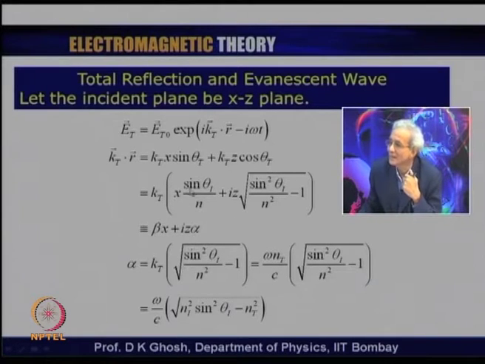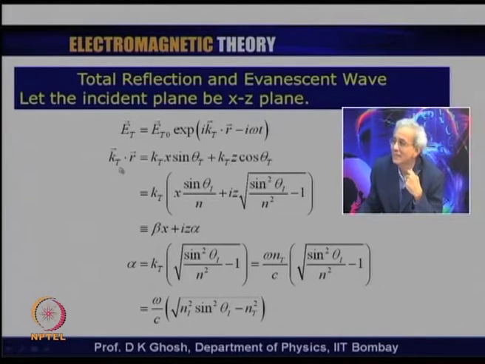Now, I can rewrite that. This is k t, and for x, sin theta t I simply write as sin theta I by n, by Snell's law, and exactly the same way cos theta t, which will be written this way. So, this is my k t times x sin theta I by n, and I have written this as I times z because I am assuming that sine square theta I is greater than n square.